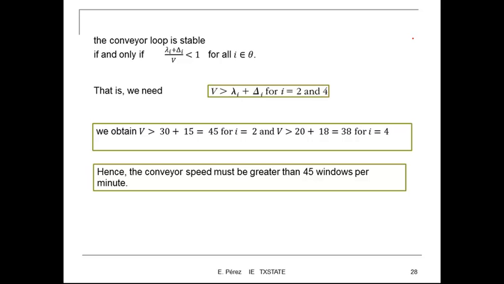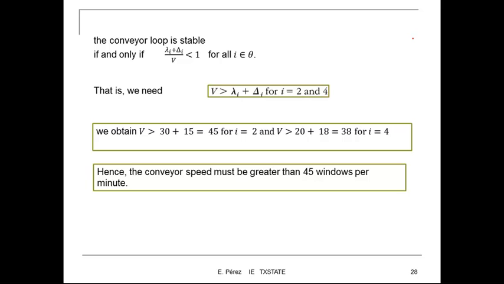And we know that the conveyor loop is stable if and only if this condition or ratio is satisfied for all the stations. That is, we need the velocity to be greater than the lambda I values plus the delta I values for I equals 2 and 4.